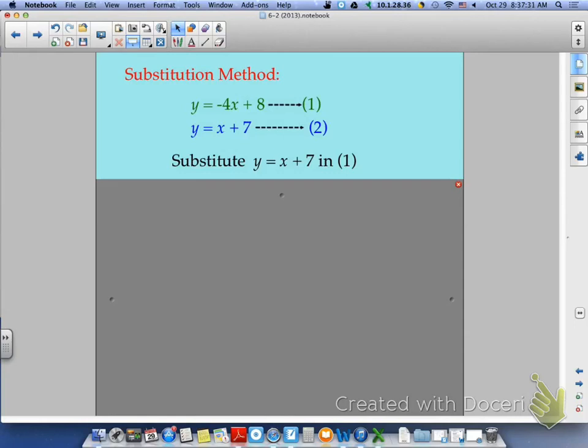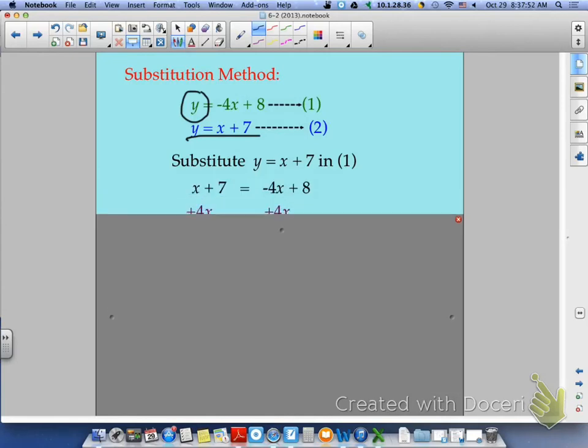Yeah. Because you have y equals something, correct? And I'm saying, hey, y is nothing but x plus 7. So instead of y, you can say x plus 7 equals negative 4x plus 8, so that you can solve for x.